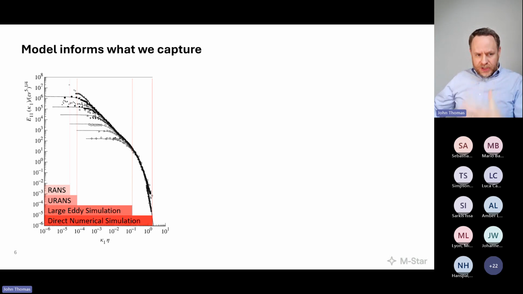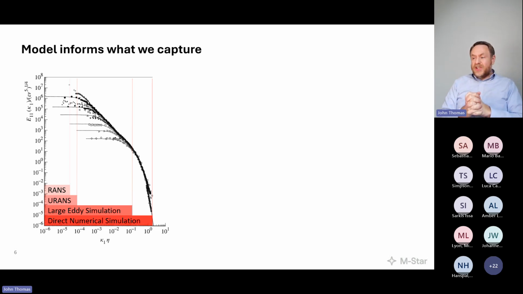How we model our system, how we run our simulation, informs what physics we capture. The most foundational modeling approach we can use outside of molecular simulation is a direct numerical simulation, to directly solve Navier-Stokes. I'll touch on this point momentarily. This, in principle, demands a resolution sufficient to capture all the way down to the Kolmogorov length scale, okay? That requires a high resolution because these Kolmogorov length scales can be small.